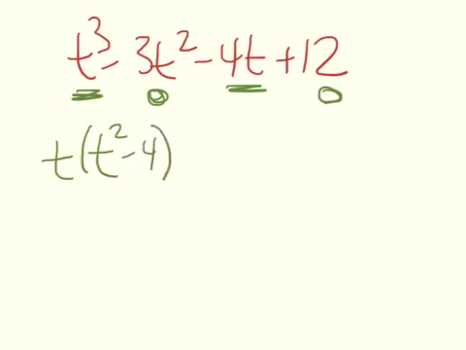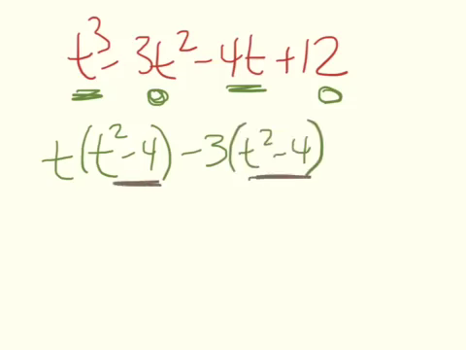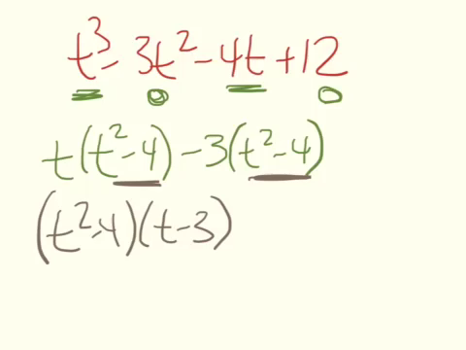And then for the negative 3t squared plus 12, you could pull out a minus 3, and then you would have t squared minus 4. Then factor by grouping, you would pull this out, and you'd have the t squared minus 4 and the t minus 3. And then you would just finish it off as you did on the previous one by completely factoring this. So sometimes there's more than one way to factor by grouping, and either approach is going to get you the same answer.